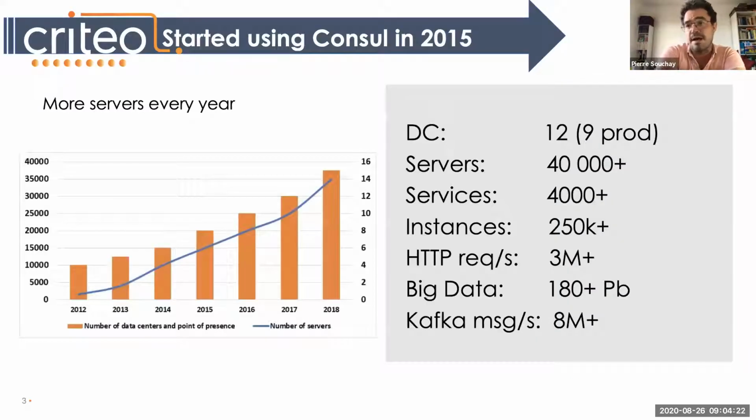Criteo is a company displaying ads on the internet. So it's a very, very large infrastructure, around 40,000 servers with several data centers, with many kinds of services. We've got around 4,000 different services and many, many instances, around 250,000 different instances of those services.